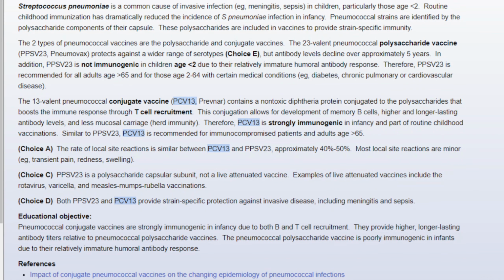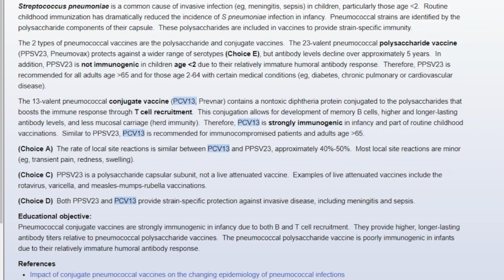So remember, there are two differences. Pneumococcal polysaccharide is different from pneumococcal conjugated vaccine.